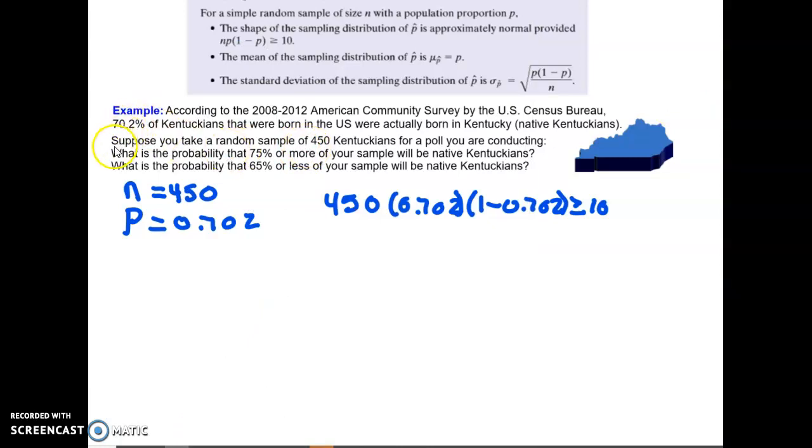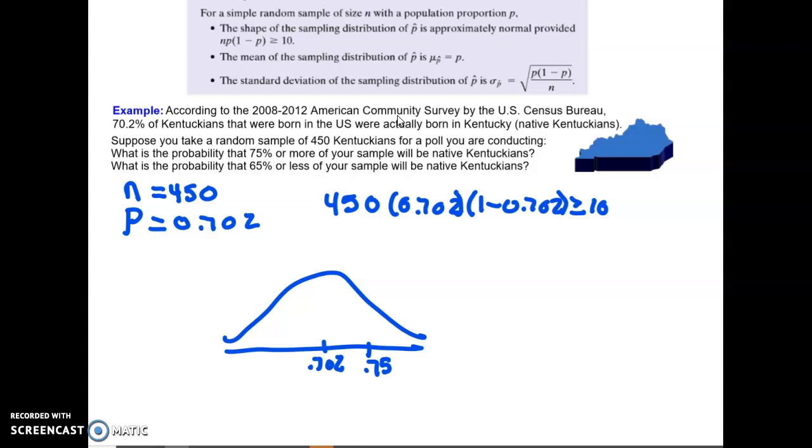It says, what is the probability that 75% or more of your sample will be native Kentuckians? So we can do our normal distribution. In the middle, we've got 0.702, and they want 75% or more, so 75 is going to be on this side. It'd be 0.75.